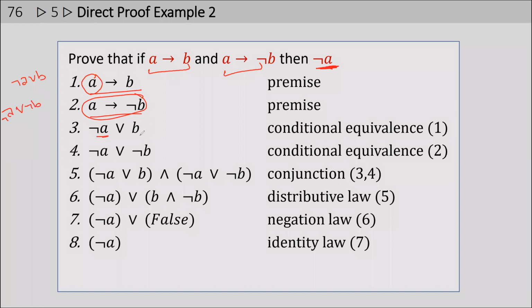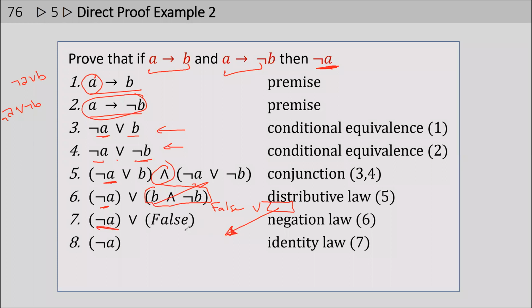So if it's not A or B and not A or not B, which means that those two happened at the same time, I can have a conjunction between them, and now I can have not A as a common factor, and the remaining is B and not B. B and not B is always false, and false ORed with anything, the value of the result will be that thing.